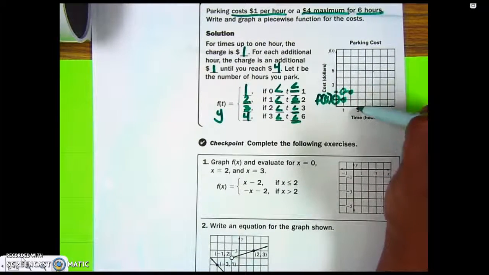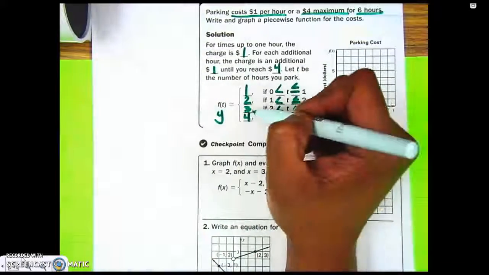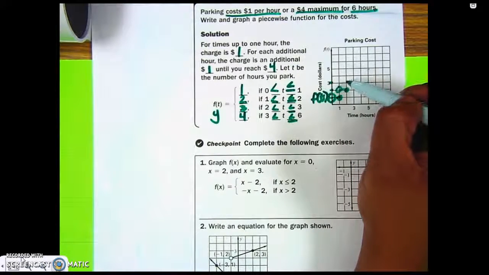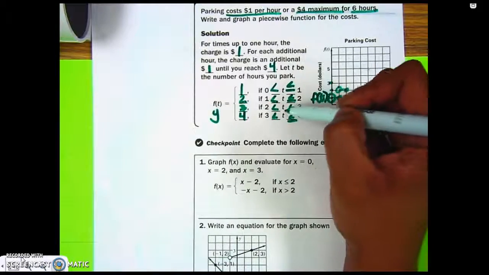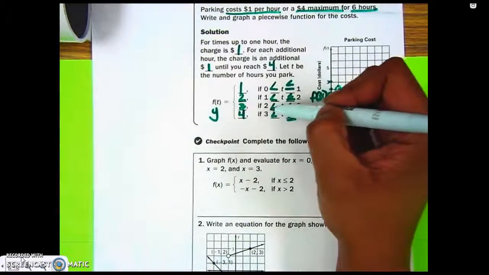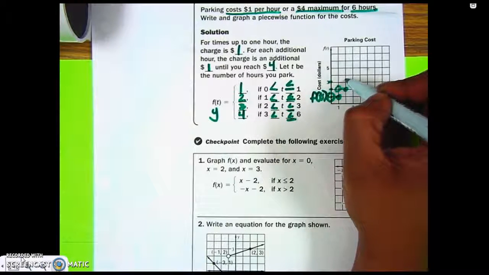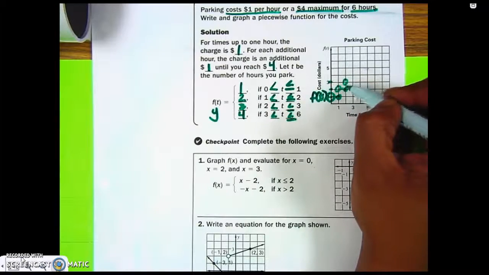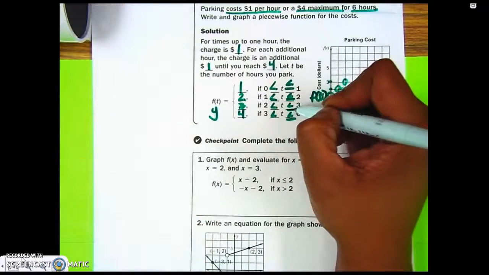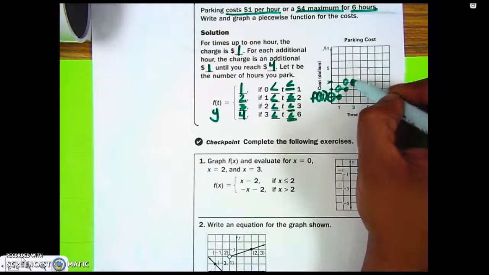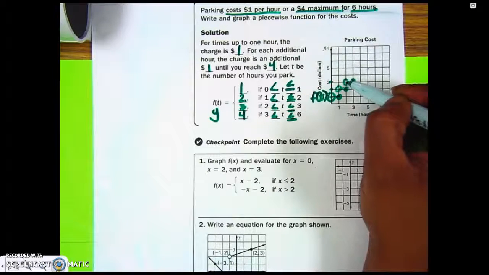Then I'm going to do it again for the third part where f of t equals 3. So I'm going to go up to 3. This is where my line should be. That's my little placeholder there. And then I'm going to go to where t is greater than 2. Since it's just greater than, I'm going to have an open circle. And then t is less than or equal to 3, so I'm going to go to 3, line it up here on my line, and it's going to be a closed circle because it's less than or equal to, and then connect the dots.